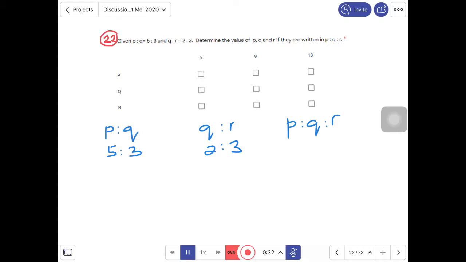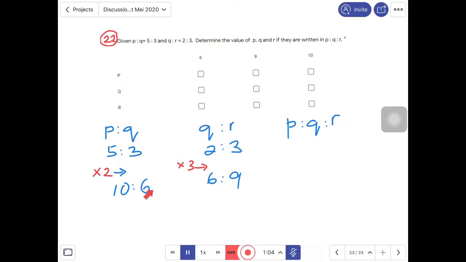So over here we are going to multiply 2, so we get 10 to 6, and for the other one we multiply 3, so we get 6 to 9.